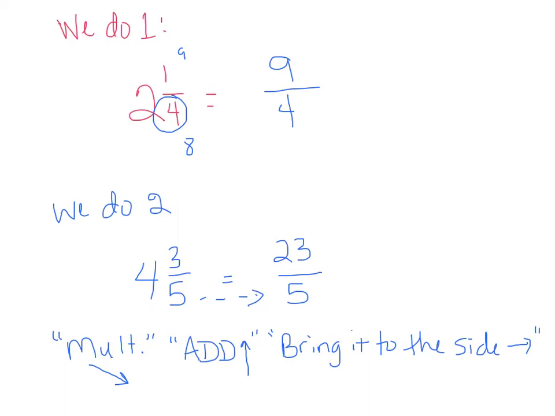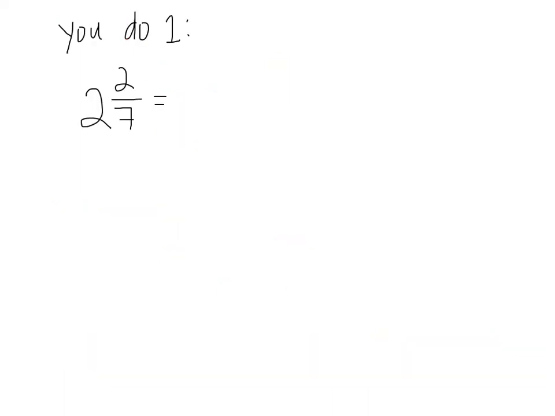Let's try some you-dos. Okay, let's see how you do on this one. You're going to change 2 and 2/7, this mixed number, into an improper fraction. Remember, you could do multiply, add, bring it to the side. So go ahead and pause the video, change that over, and push play when you have an answer. Okay, so now you have an answer there. So let's see how you did.